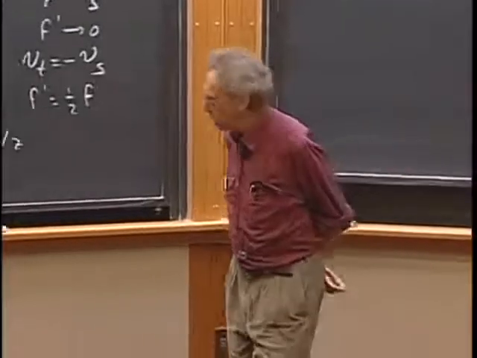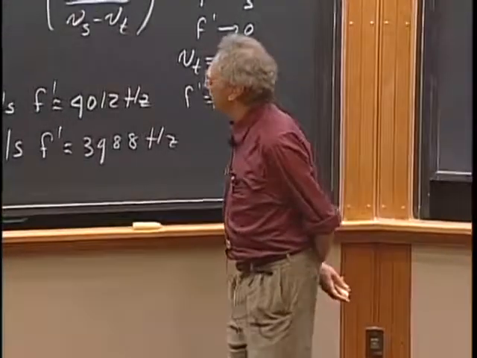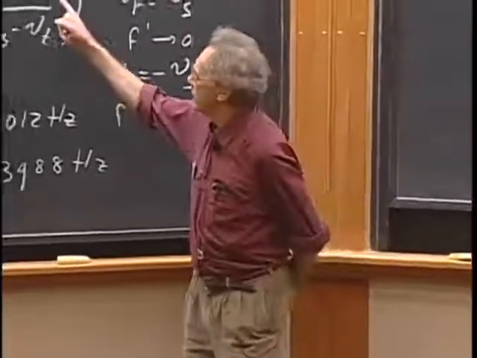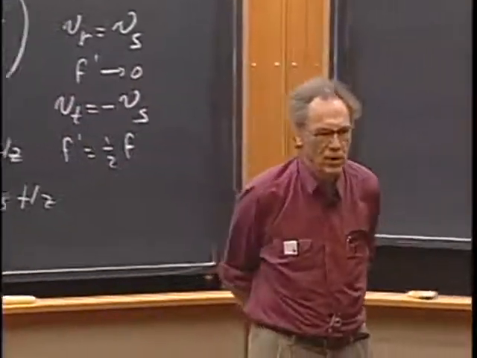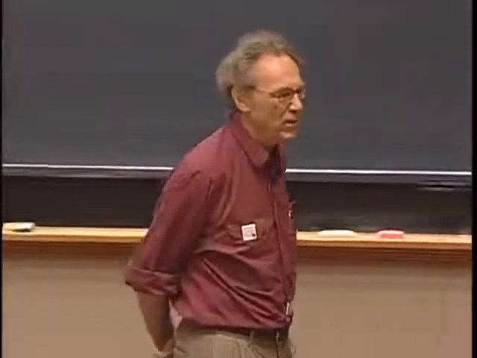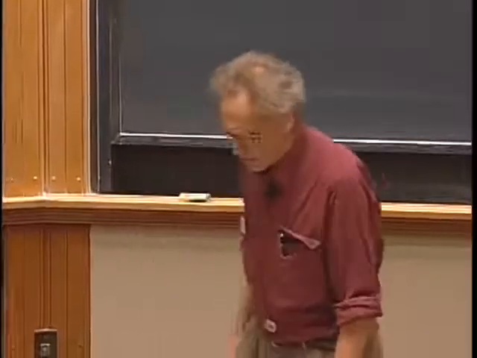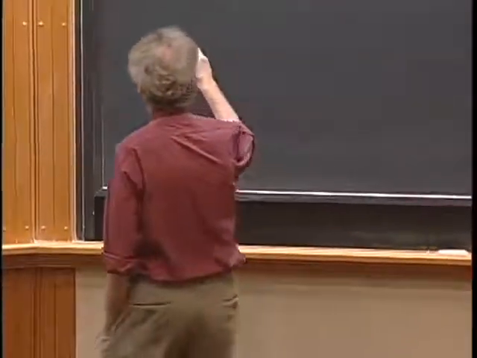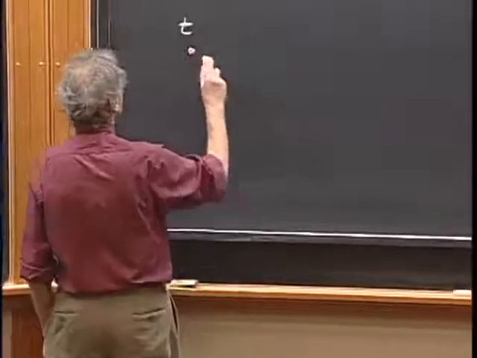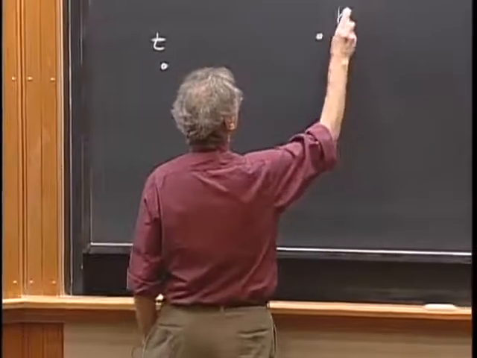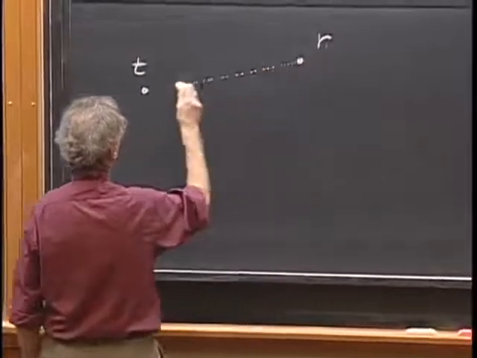I want you to appreciate that there is no such thing as a velocity of the receiver and a separate velocity of the transmitter now, because in special relativity, the only thing that matters is the relative velocity between the two. It is an illegal question even to ask who is moving towards whom and who is moving away from whom. So there's only one velocity in special relativity. So let this be the transmitter of electromagnetic radiation, and this be the receiver.